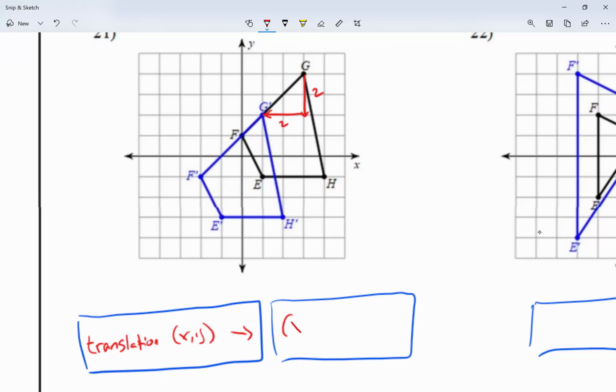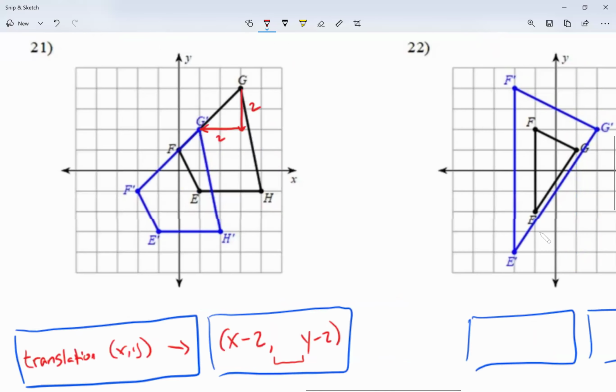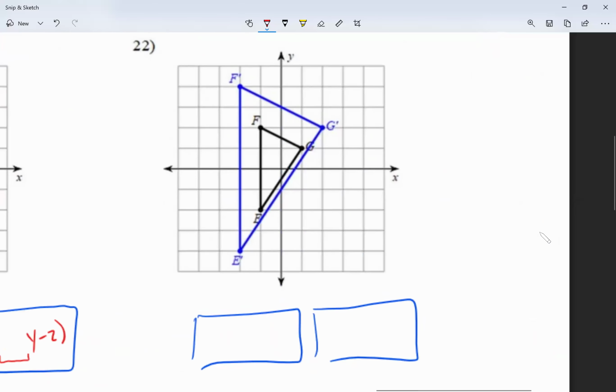So X minus 2, comma. Don't forget a space. I'm going to emphasize there's a space, just one space. Up or down? I go down two, right? So Y minus 2. That's it. Not bad.